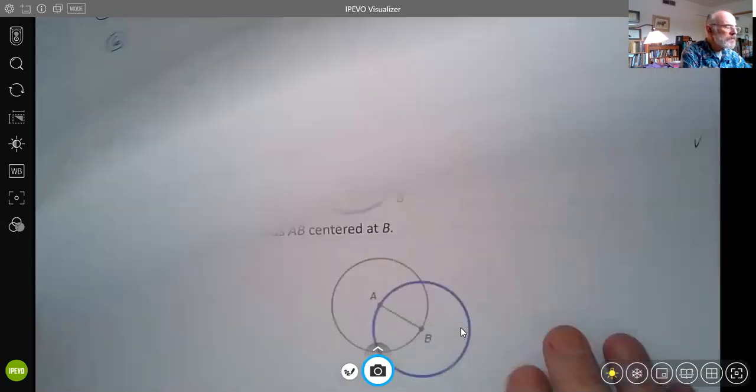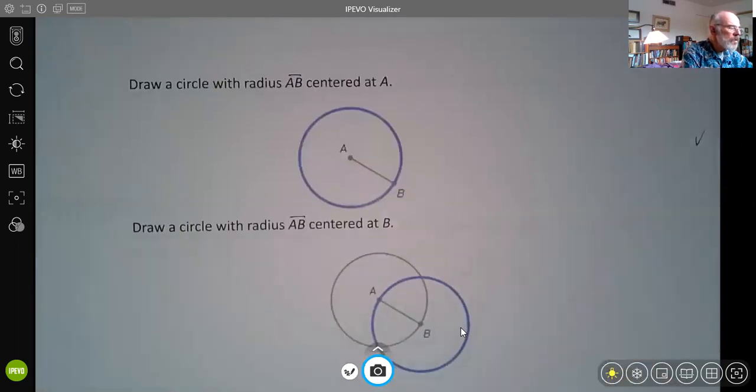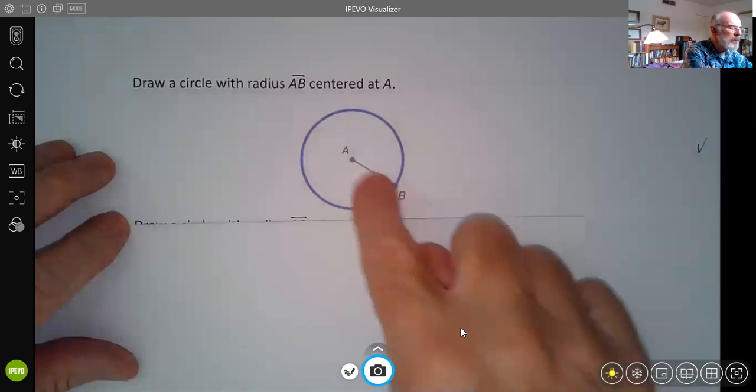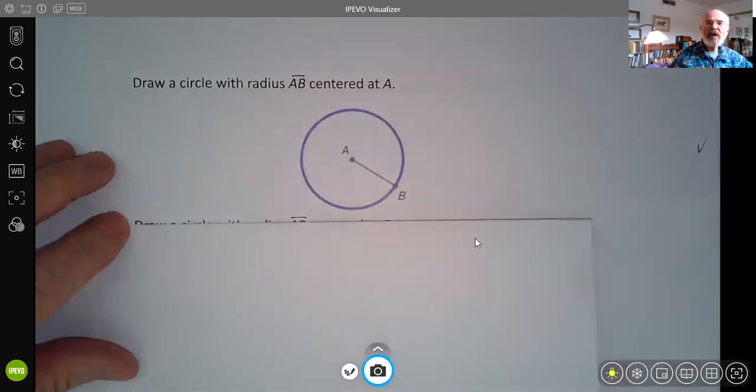So what I'm going to do next is draw a circle with a radius of that line segment AB. Okay, so I'm going to do that on Desmos. So I'm going to stop the share, and go back and share my screen one more time. And I'm going to go over here to Desmos. And so here's a circle.